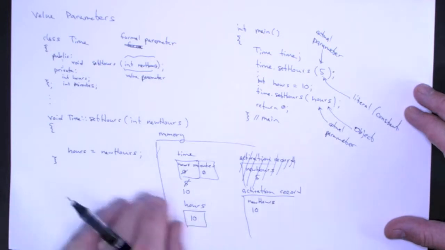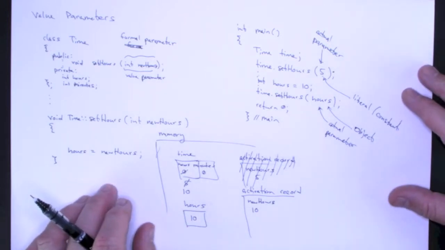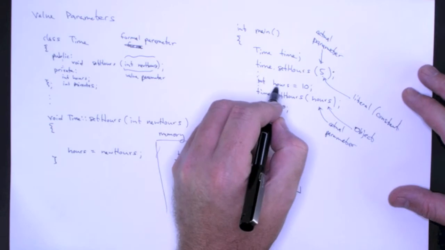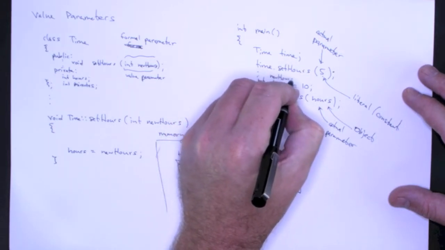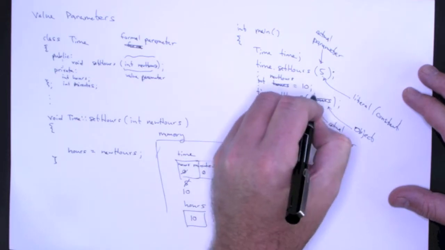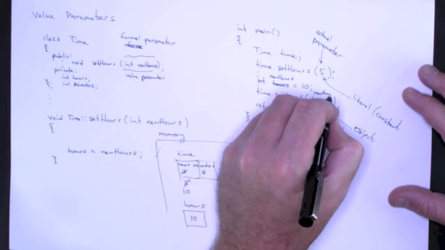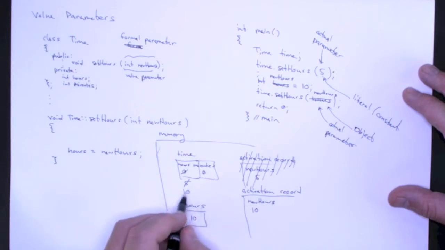Okay? To make this a little bit more complicated, I can actually change this to new hours. I can change this to new hours. And that will change this to new hours.